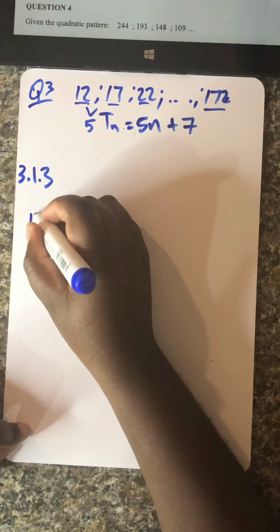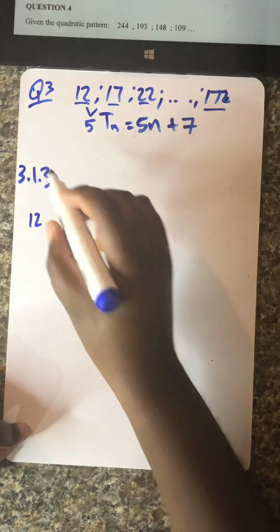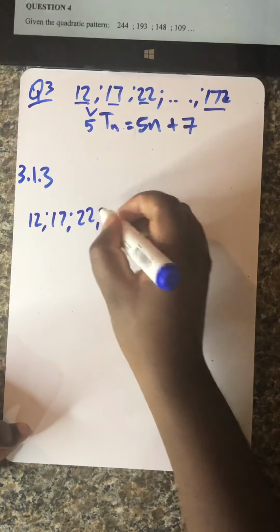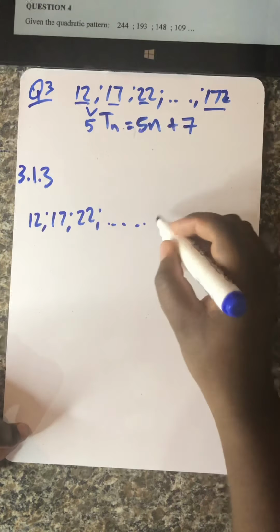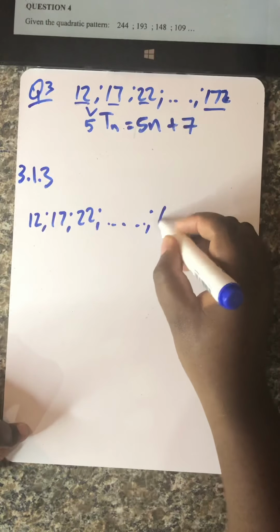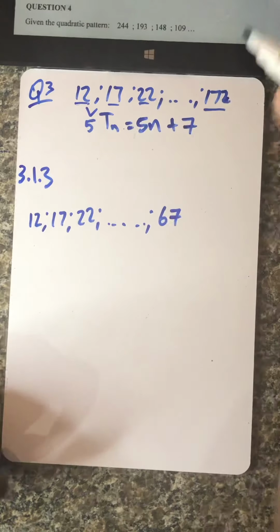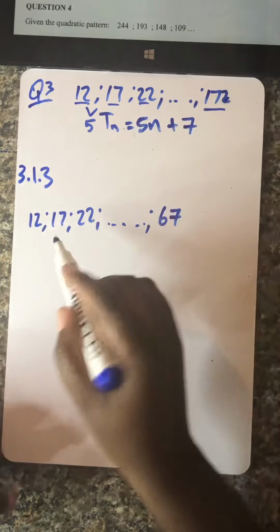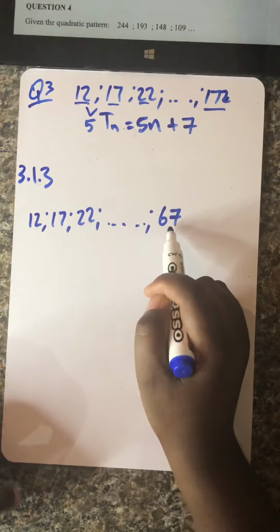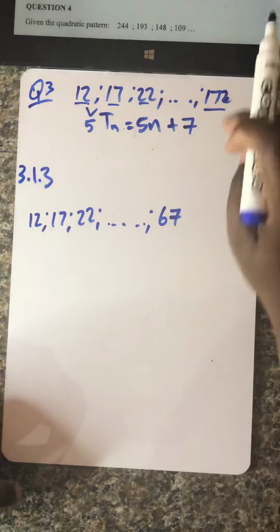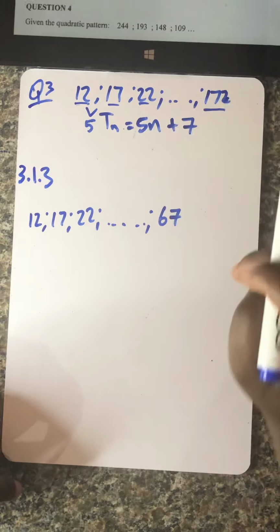You remember from the previous question 3.1.2, we had 12, we had 17, we had 22, we had let's say until 67. Okay, so guys, if we had a pattern similar to this one, remember there's a relationship between that pattern which is given and this one that I'm giving you now.